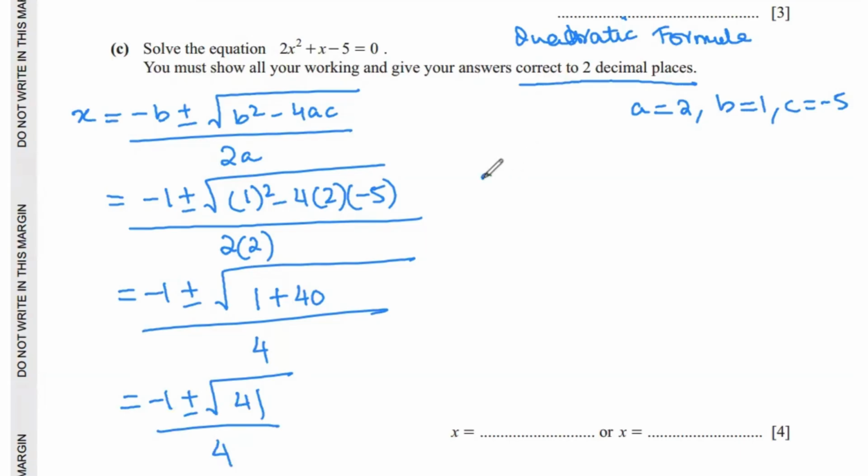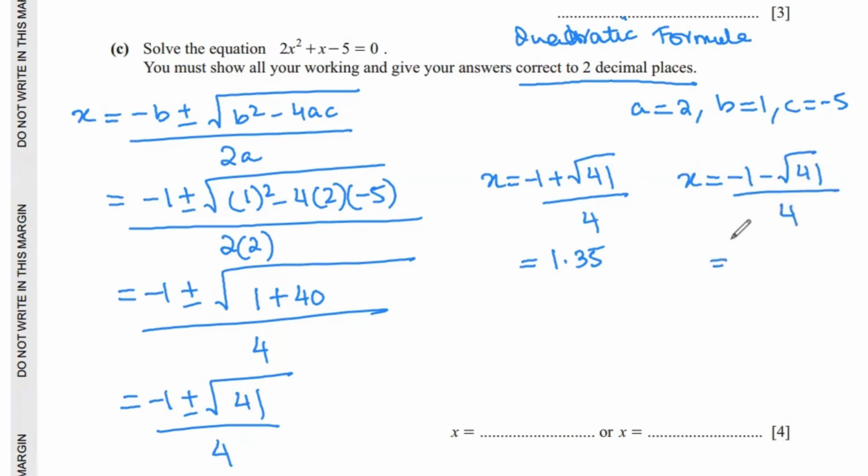So one value of x is going to be negative 1 plus root of 41 over 4, which gives us 1.35, correct to 2 decimal places. And the other would be negative 1 minus root of 41 over 4, negative 1.85. So these are your two values.